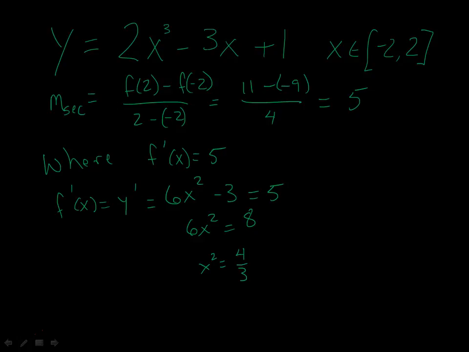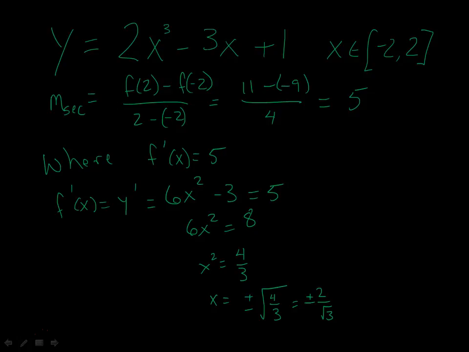And so this is when x is equal to plus or minus the square root of 4/3, or we can say 2 over radical 3. If you want to change this to 2 radical 3 over 3, that's fine, but we know that this is going to happen at positive 2 over radical 3 and negative 2 over radical 3.